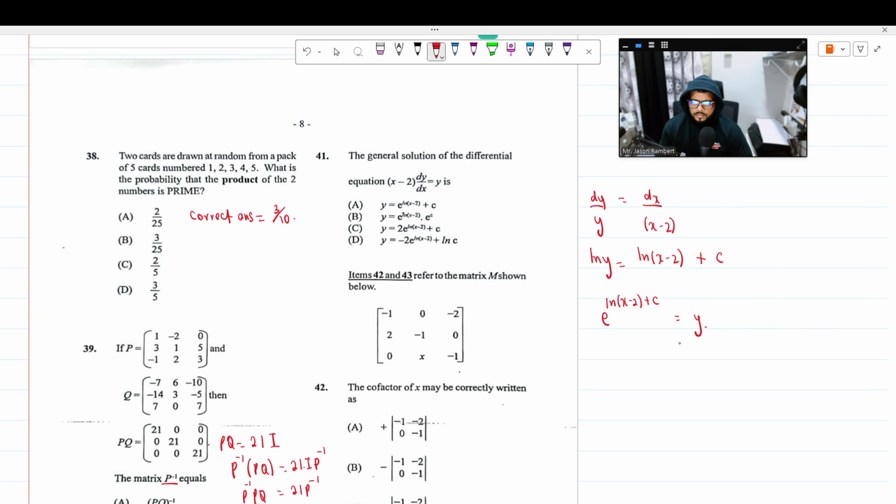Do we have that? I can now break this up to make it look like e to the ln of x minus 2 multiplied by e to the c is equal to y. Do we have that? So the answer is B.